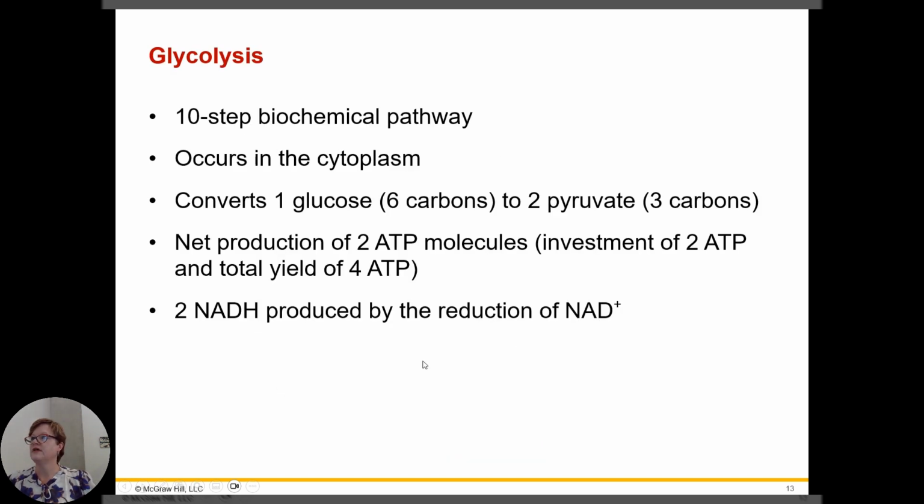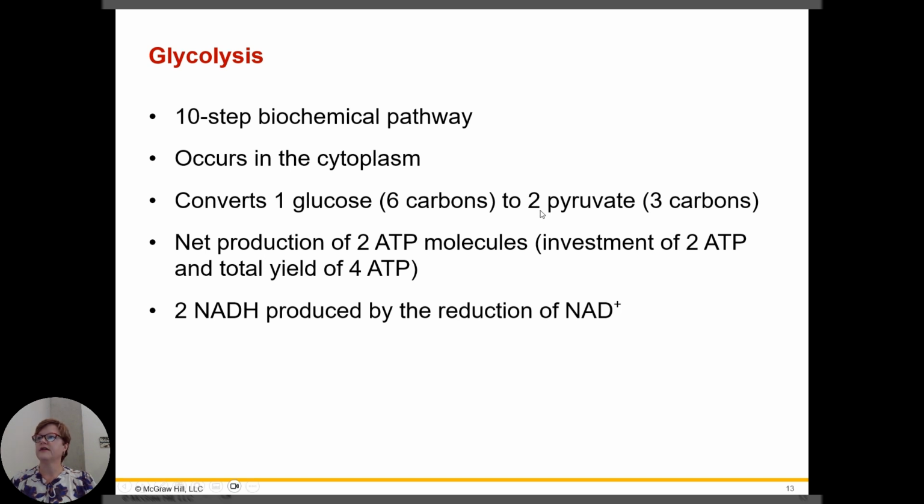Glycolysis is a 10-step biochemical pathway. It involves 10 different enzymes that act in sequence, starting with a starting reactant molecule and ending with a particular product molecule. It occurs, like I said, in the cytosol, in the cytoplasm. The very initial material that it starts with is glucose, C6H12O6.